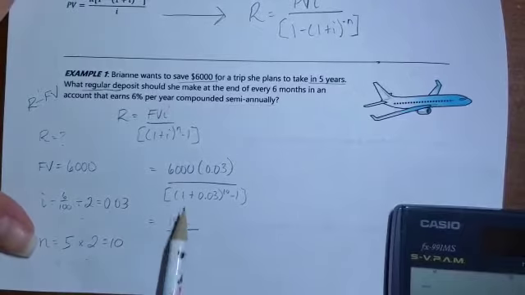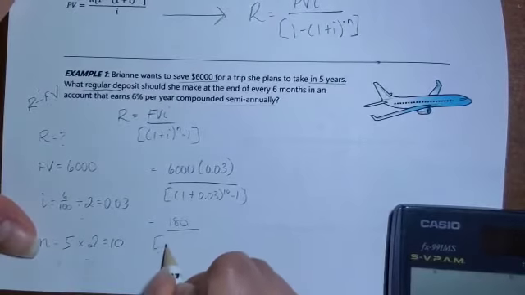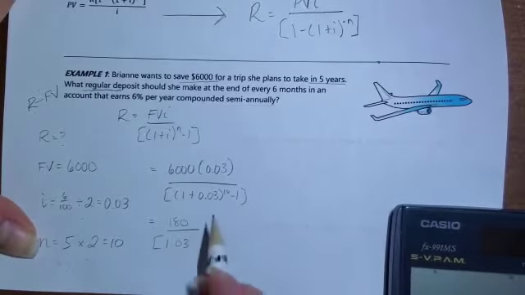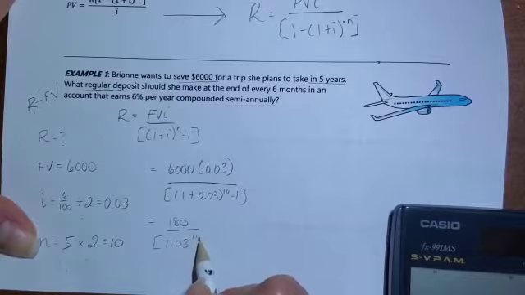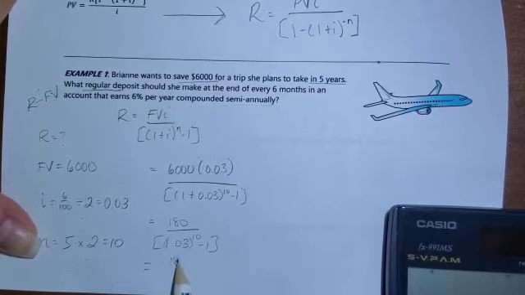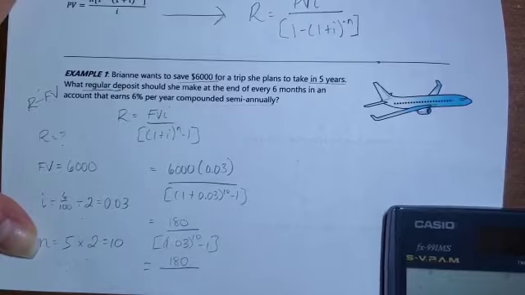Then within our denominator, we can simplify our inner brackets. So 1 plus 0.03 is 1.03 to the power of 10, subtract 1. The top we just carry, we're working with the denominator.